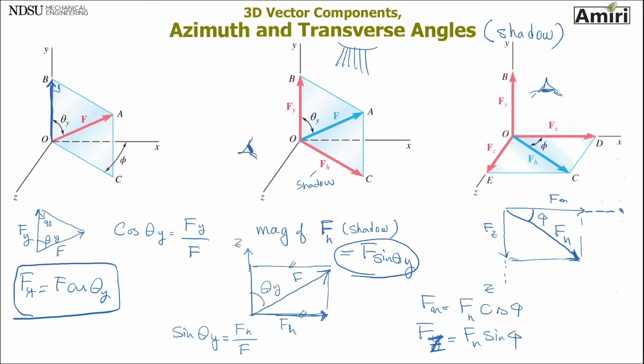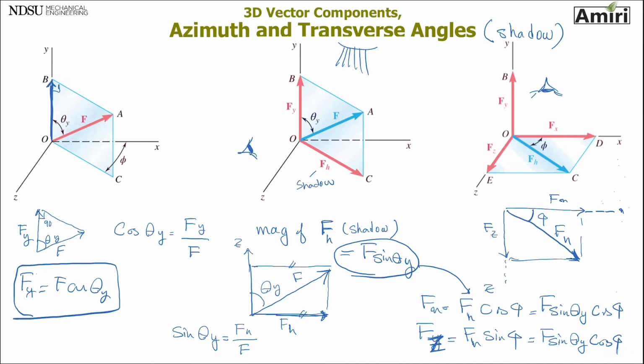Good thing I already found my FH. So I'm going to replace FH here: Fx is F sine theta y cosine phi, and my Fz is F sine theta y sine phi.